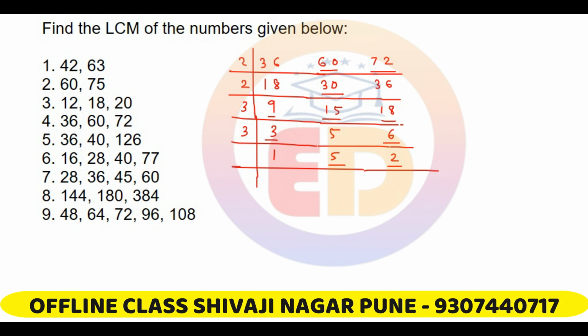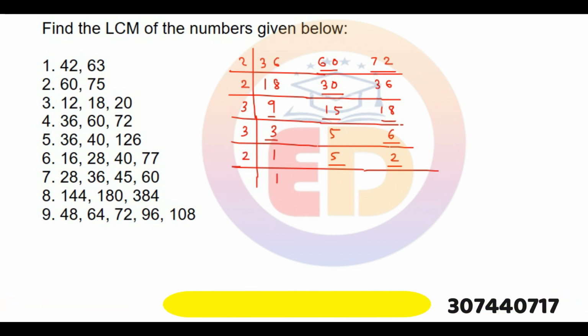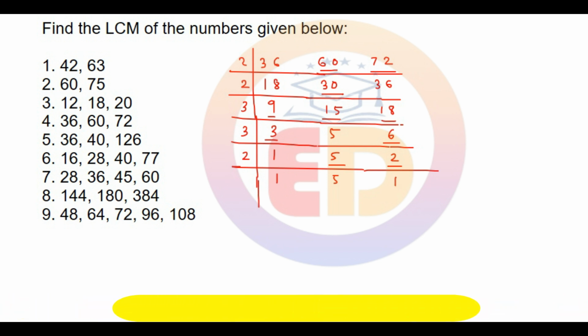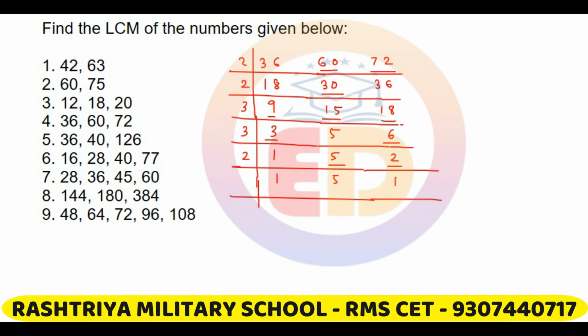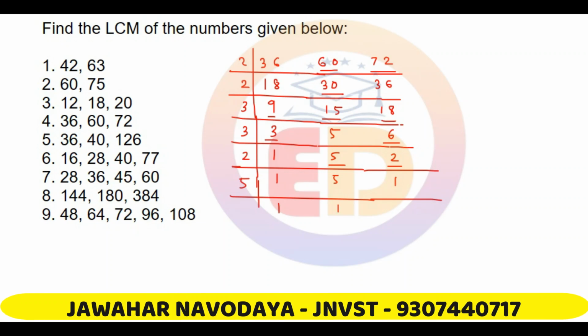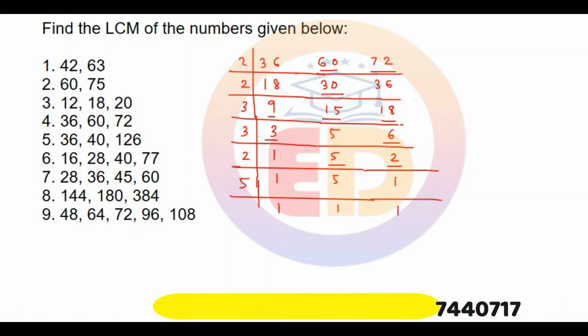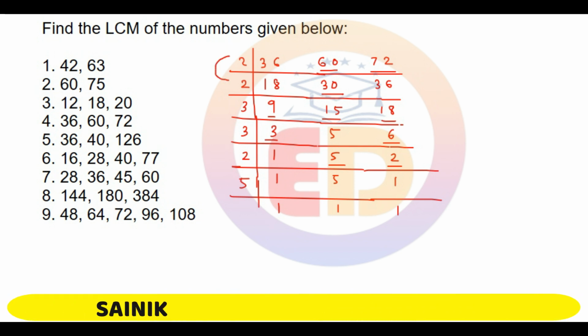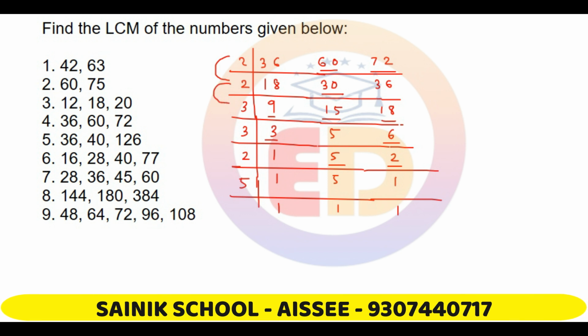Let's divide it by 2 first. 1 will remain as it is, 5 will remain as it is, and this will become 2 1s are 2. Finally, let's divide by 5 to complete the division. This is 5 1s are 5. And since I get 1 at the end, my division process is complete, and multiplying the numbers, I will get my LCM.